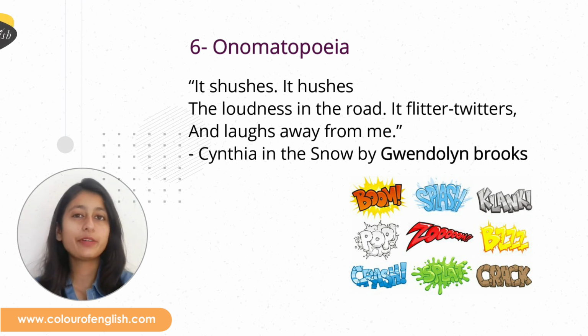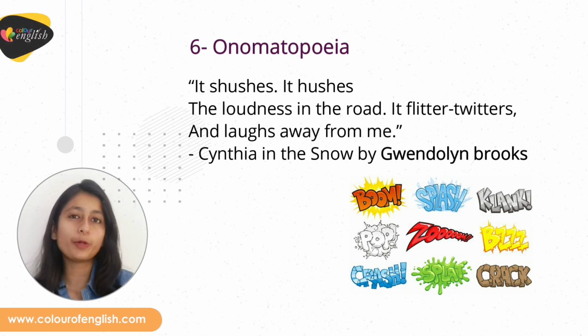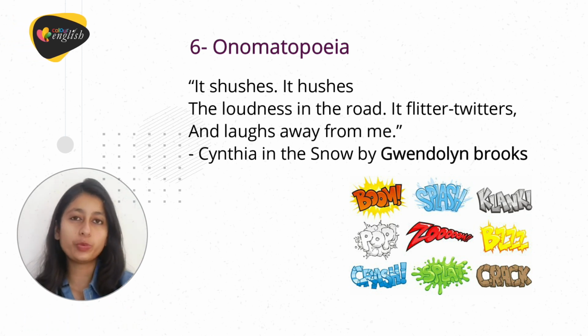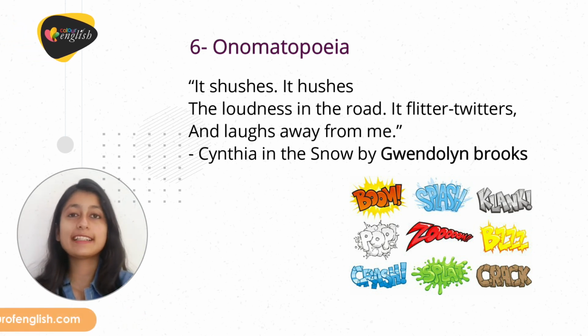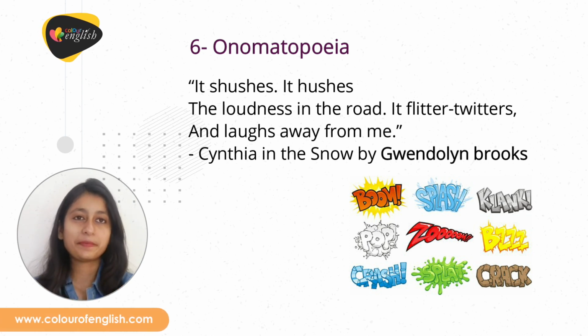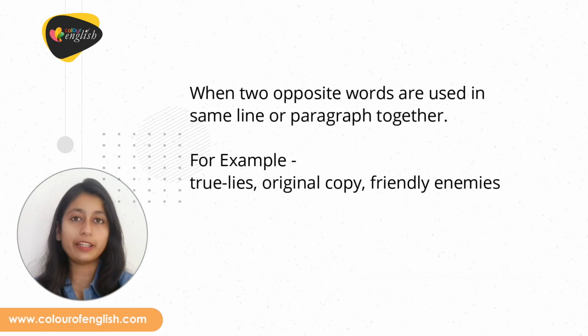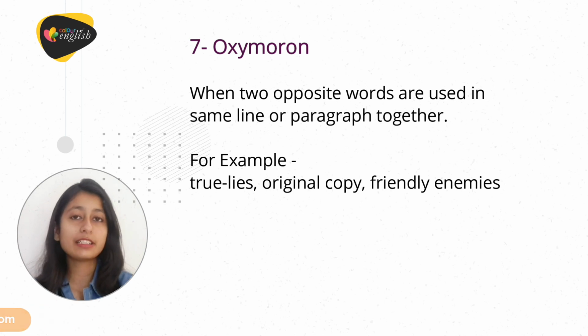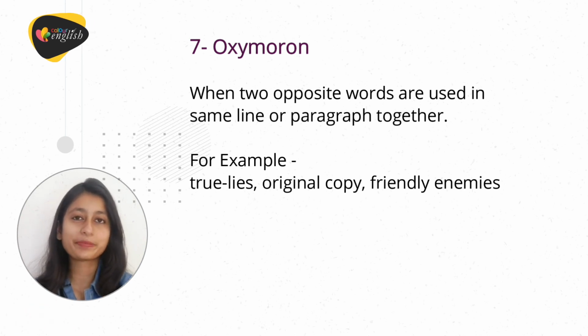Now the seventh literary tool is oxymoron. When two opposite words are used in the same line or same paragraph together. जब दो opposite words एक ही लाइन में या एक ही पैराग्राफ में पास में यूज़ होते हैं और दोनों एक दूसरे से exactly opposite हो, that is called oxymoron.